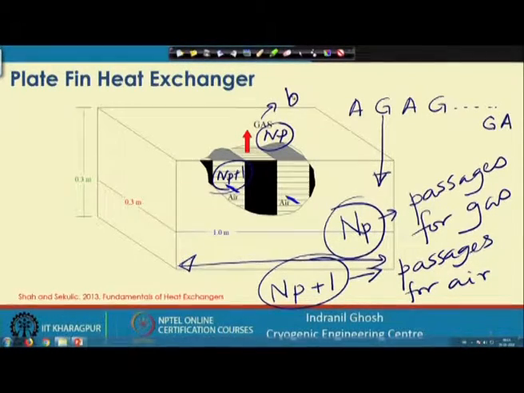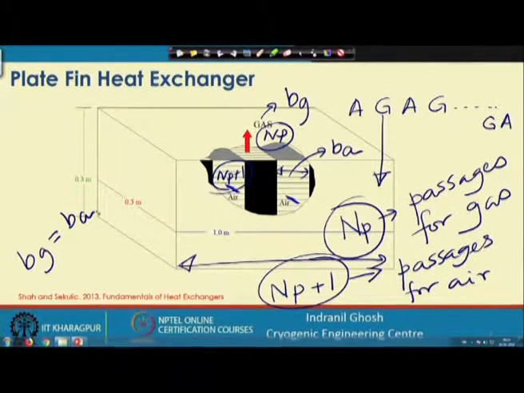and we know that we have already said both sides have similar types of fins, and if we designate B g as the height of the fin on the gas side, this is the fin height, and B a as the fin height on the air side, we know that B g equals B a, so both are similar.